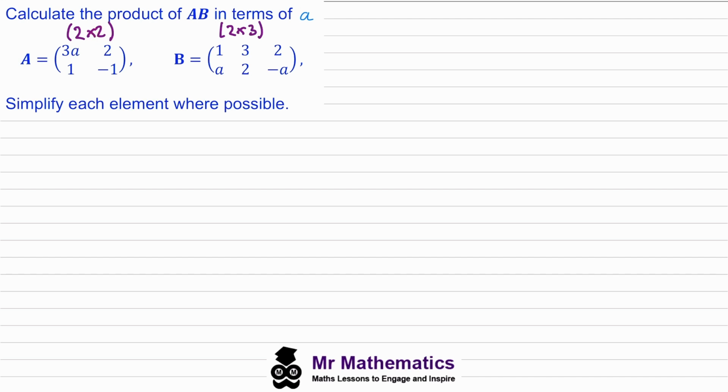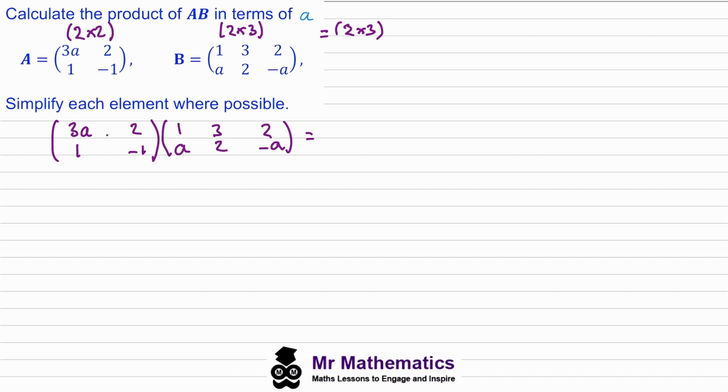And because these two are the same, the product will be a 2 by 3 matrix. So we'll have 3A, 2, 1, and -1, multiplied by 1A, 3, 2, and then 2, -A.